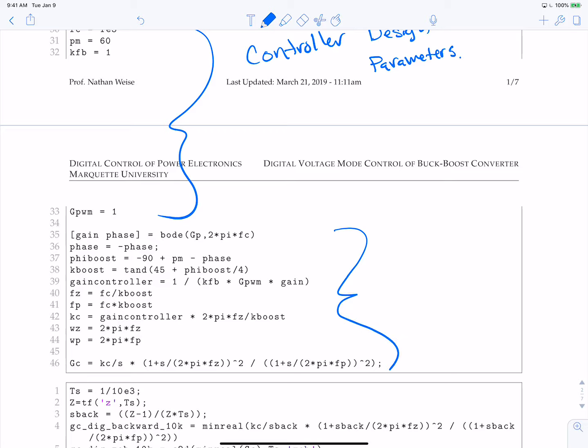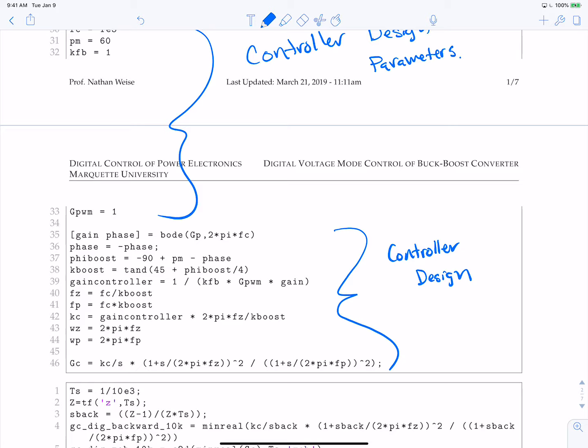These lines 35 through 46 are the controller design. When these are done running, you'll get the controller design. By line 36, you'll have the pole location, the zero location, and the integrator gain.